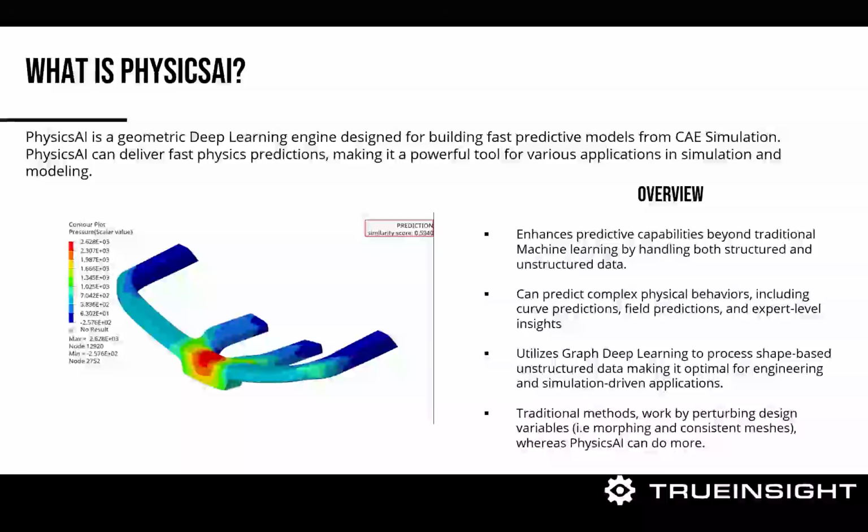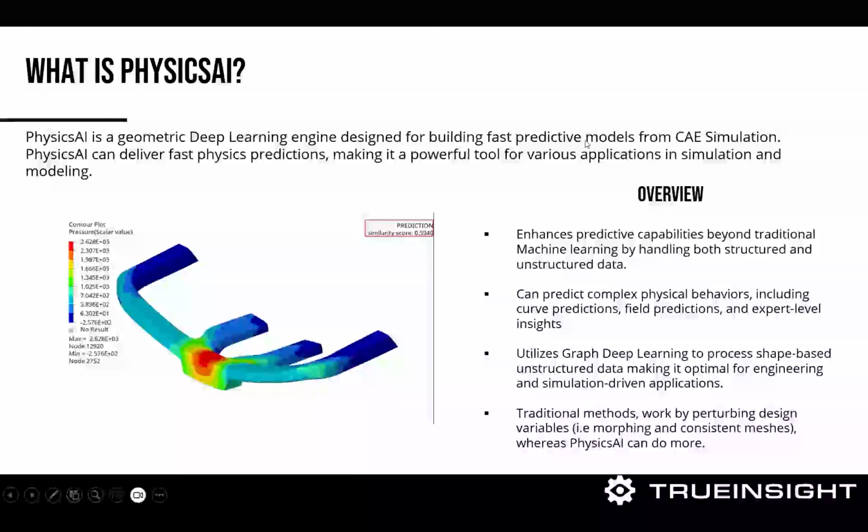Traditional methods, like what you might see in HyperStudy, work off of morphing and consistent meshes. Physics AI doesn't need to have those capabilities. It allows you to build off of those more basic regression-based models.